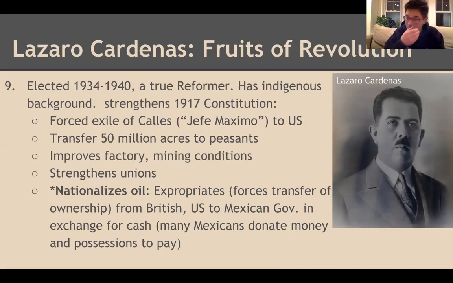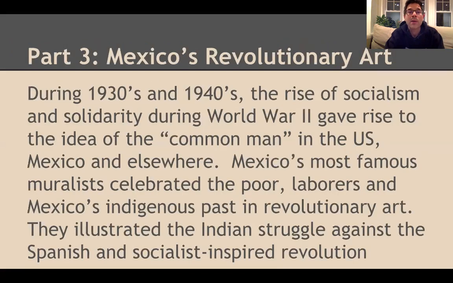He pays the Americans, he pays the British. In fact, so many people love this idea that poor people across the country donated money and belongings just to pay for the transfer of ownership. He was truly celebrated, and this made oil really part of the national identity of Mexico. It was part of its ability to stay strong and have a powerful economy.